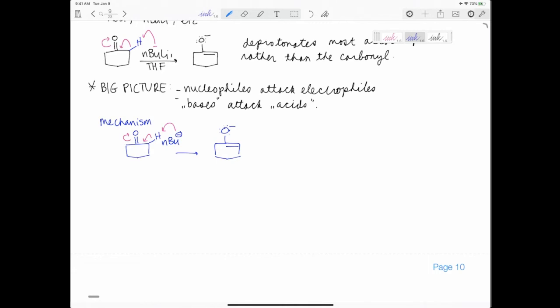In a 9-BBN reaction or an oxymercuration of alkynes. This is known as the enolate, right? Remember we talked about keto-enol tautomerization. So what we have here is an enolate, and if you treat that with water or an acid, it's going to form back to itself, and then the alkene is going to be the nucleophile deprotonating the acidic proton. So what we have here technically is the same thing. Okay, so just take note of that.